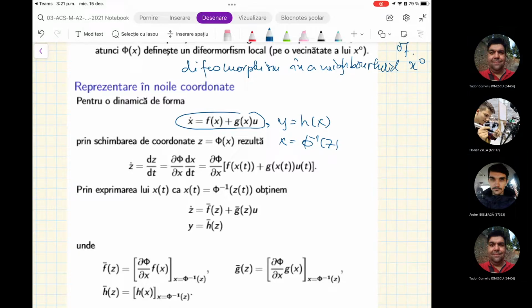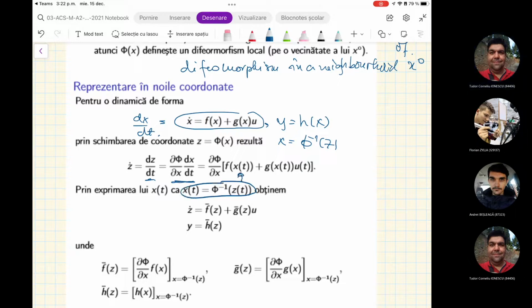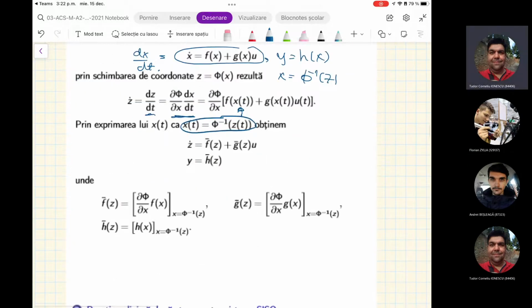And now z dot is dz/dt. By the chain rule it is d phi/dx times x dot, where x dot means dx/dt. So it's d phi/dx times f(x) plus g(x) u. x is phi inverse of z, so you substitute x as phi inverse of z in this, and also in this.